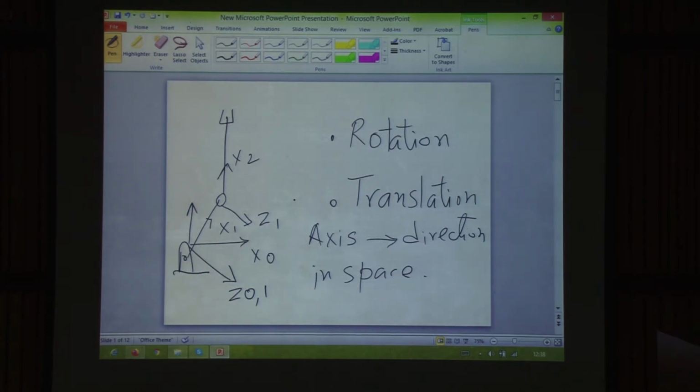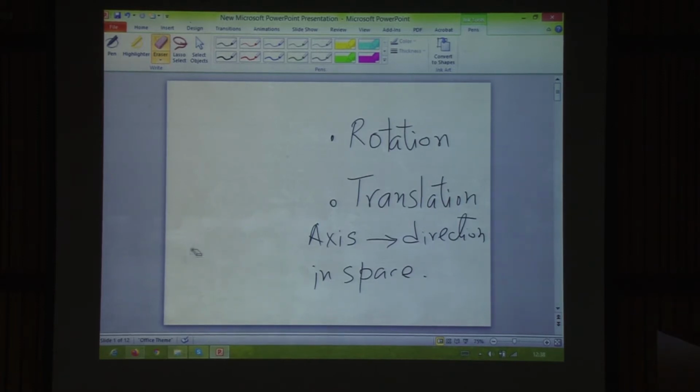That is what I need to know. So let me draw this again, this has got very messy. I have my base point here, and one link here, one link here, one link here, like that, a number of links. I need to know the position and orientation of the end effector with respect to the base frame, which is not moving. Now how do we know that?